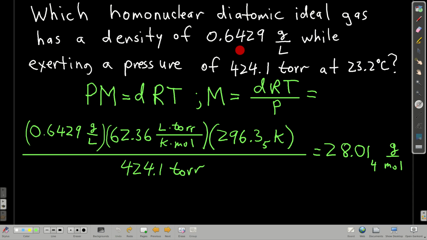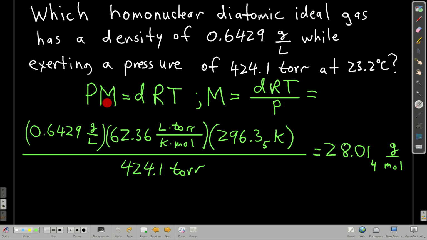And we measure its density, it's this many grams per liter. Measure the pressure, 424.1 torr, and the temperature, 23.2 degrees Celsius. We want to know which one it is. Well, here's the thing. If we can figure out what the molar mass of the gas is, knowing that it's diatomic, we just take the molar mass divided by 2, and that gives us the molar mass of the atoms. And look up on a periodic table and find that, and we'll have our answer.